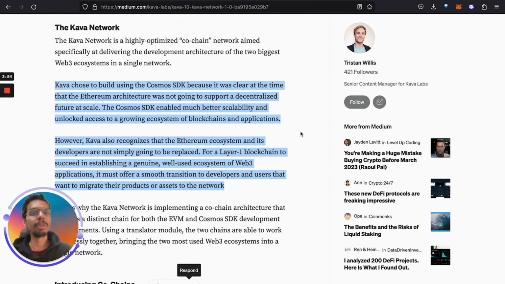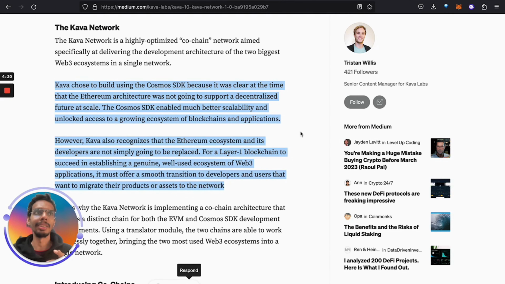And Cosmos ecosystem is an ever-growing ecosystem. It has more than 30 chains and a lot of dApps building on those chains, right? So it's a growing ecosystem which has a scalable architecture and a lot of applications being built on it. So the team started out initially using the Cosmos SDK to build Kava.